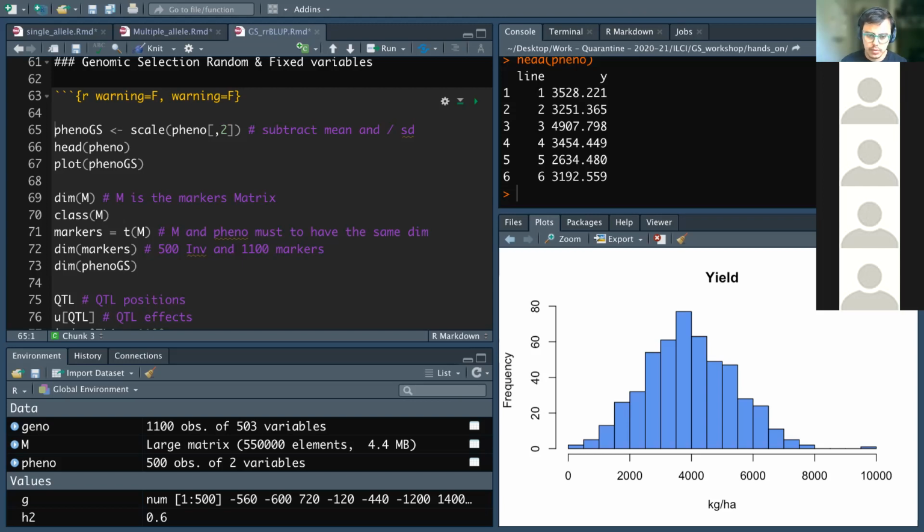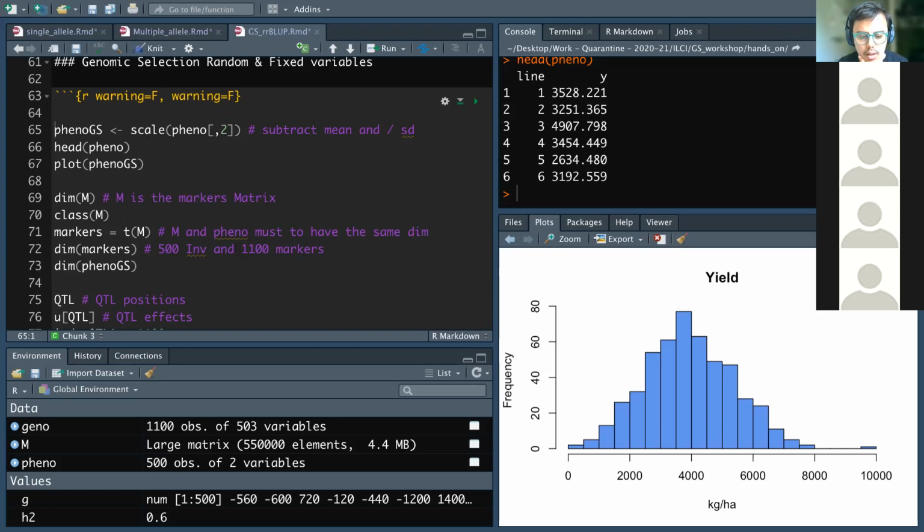I have some questions in the chat. So Maria asked about performing GWAS and genomic prediction with an orphan cross with no information about pedigree and chromosome positions.